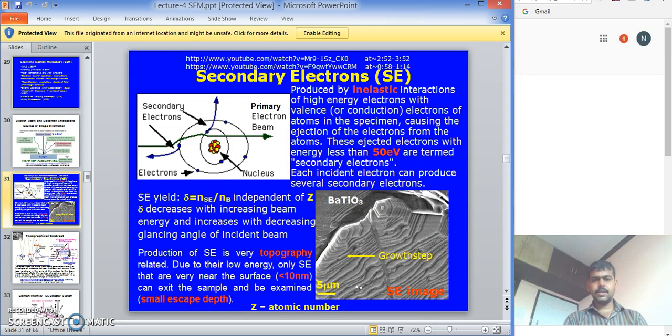Each incident electron can produce several secondary electrons. The production of secondary electrons is topographically related. Due to their low energy, only secondary electrons that are very near to the surface can exit the sample and can be examined.